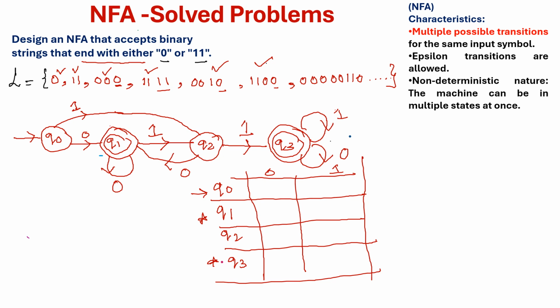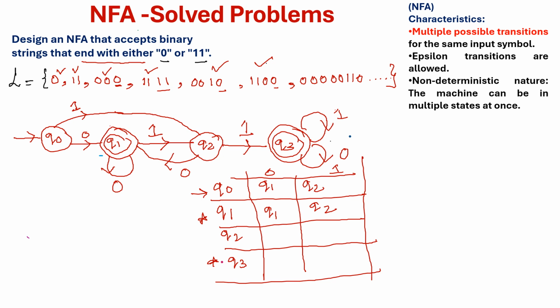What is Q0 on 0? Q1. And Q0 on 1, Q2. Then Q1 on 0, Q1, and Q1 on 1, Q2.